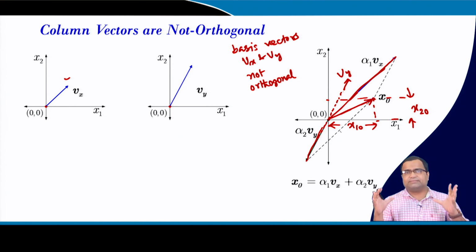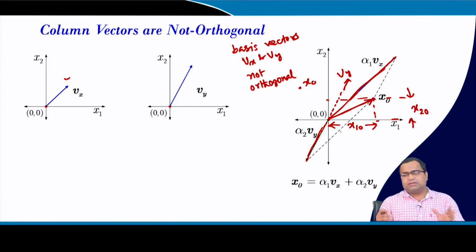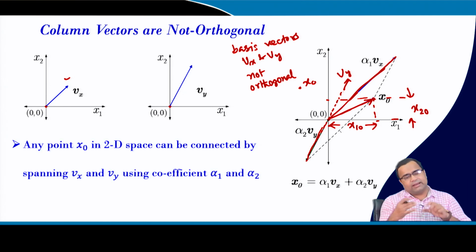So we can generate this vector from these 2 vectors. That means any point x0 can be mapped by Vx and Vy by spanning them, scaling those vectors and obtaining the resultant vector. Again, x0 can be connected in this 2-dimensional plane by Vx and Vy using their coefficients alpha 1 and alpha 2.